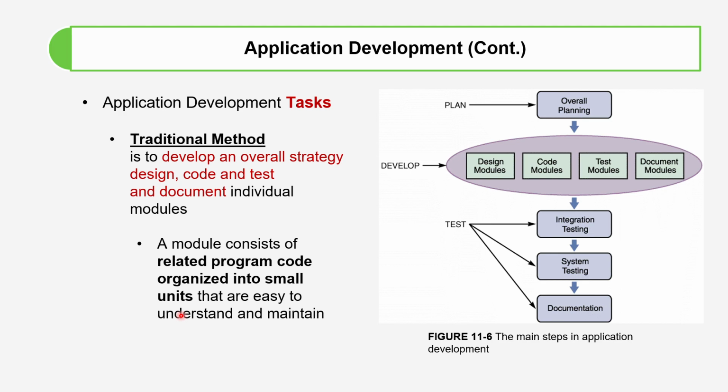After the modules are developed and tested individually, more testing takes place, along with documentation of the entire system, as shown in this figure, starting from planning, then develop the module, and then you need to test.